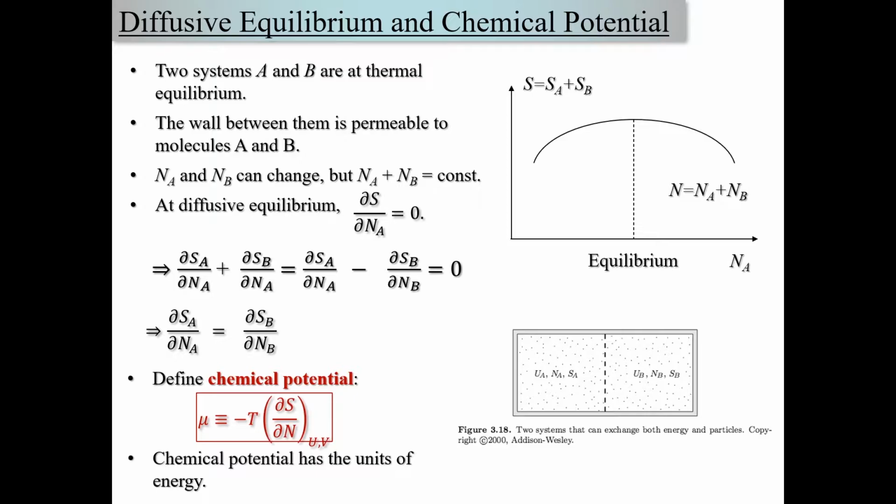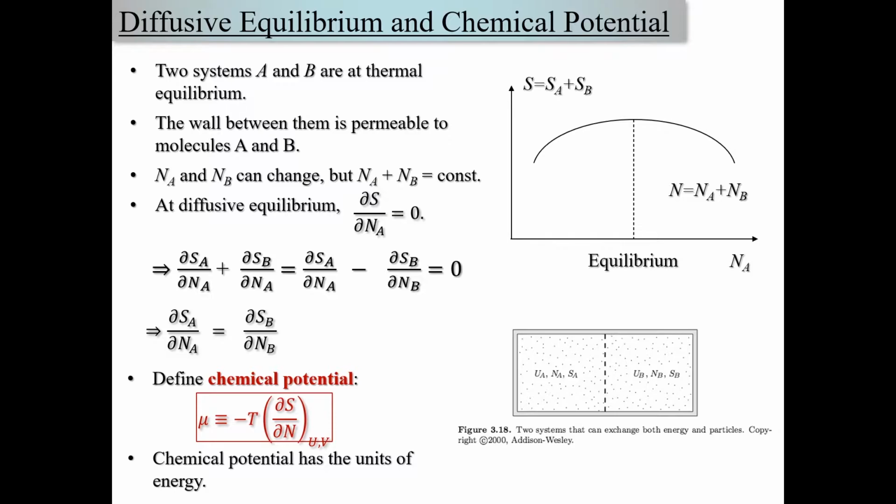Just from a logical point of view, we wouldn't want to put all of the particles on the right side in part B, because there are not nearly as many ways of rearranging the particles if they're all on one side of the box as if they are able to spread out throughout the entire box. So there must be some state that we can find in which the entropy is maximized.